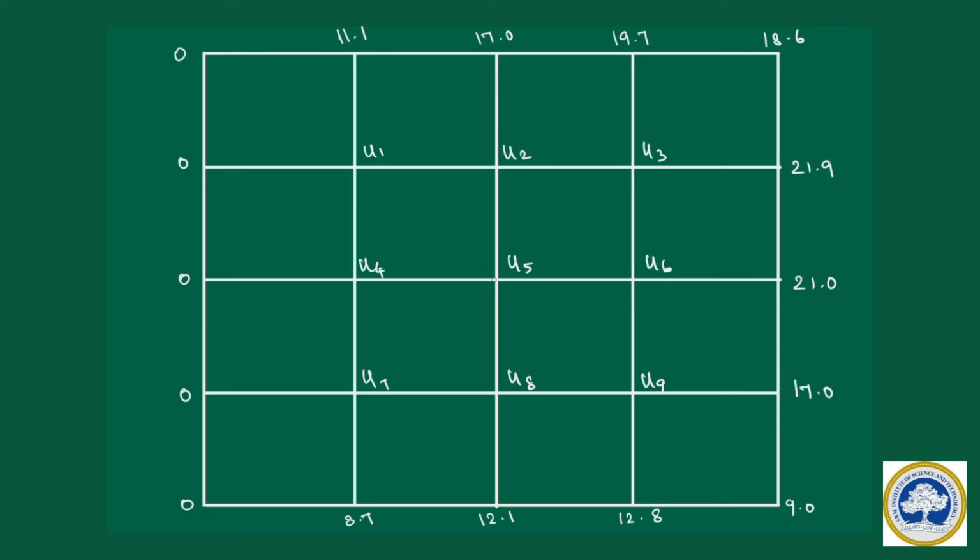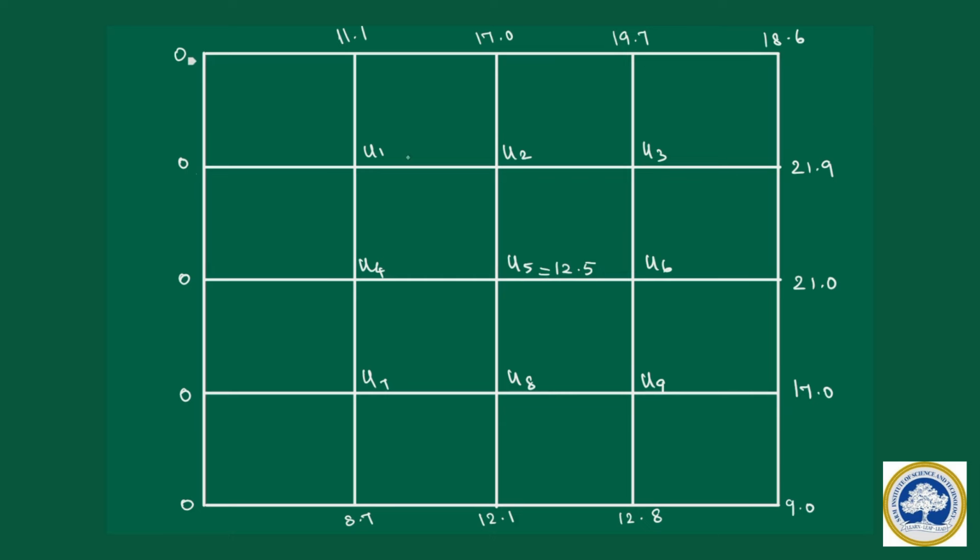The standard 5-point formula means we take the adjacent values horizontally and vertically, but the adjacent values are still unknown, so we move to the boundary values. That is, 0 plus 17 plus 21 plus 12.1 divided by 4. That will give you the first value of U5, which is equal to 12.5.